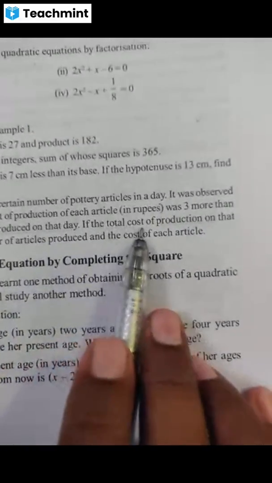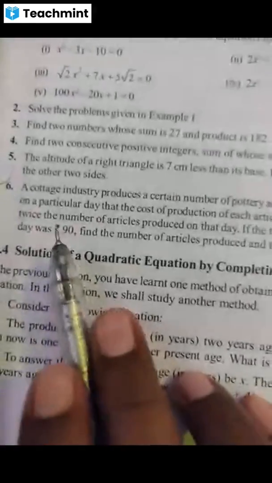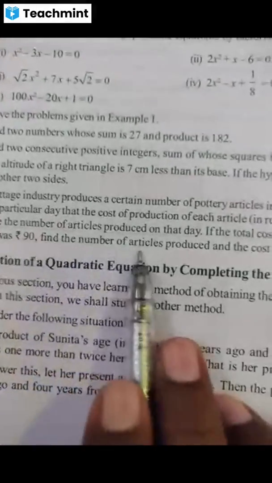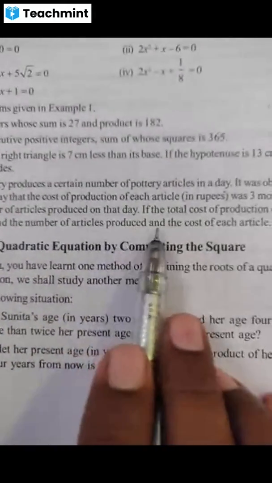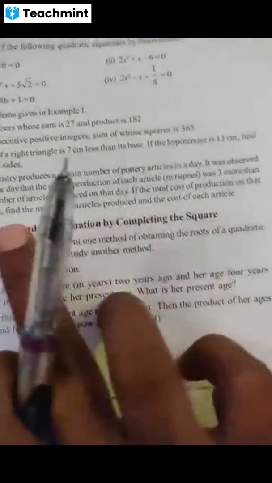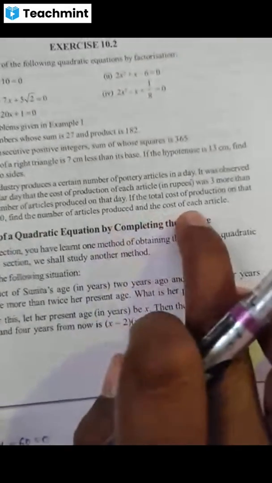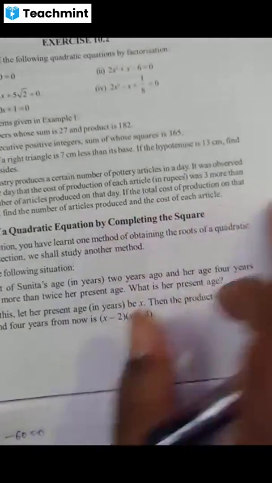If the total cost of the production on that day was 90 rupees, find the number of articles produced and the cost of each article. We need to find what? Find the number of articles produced and the cost of each article.